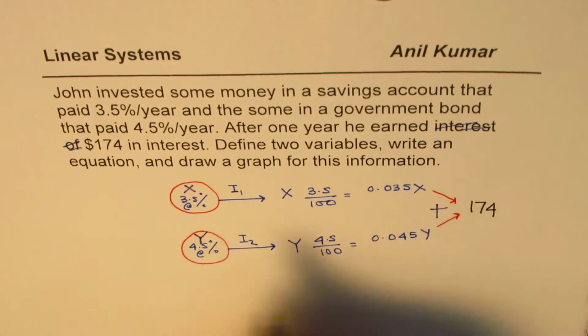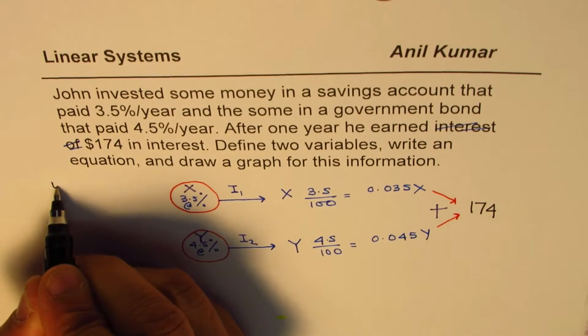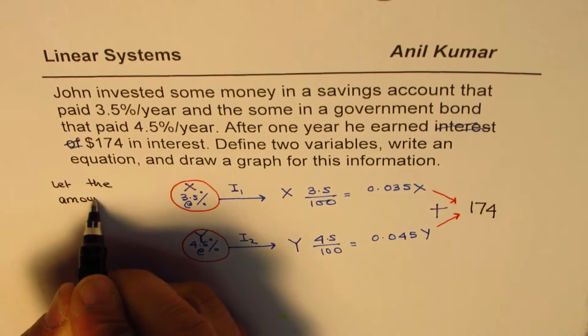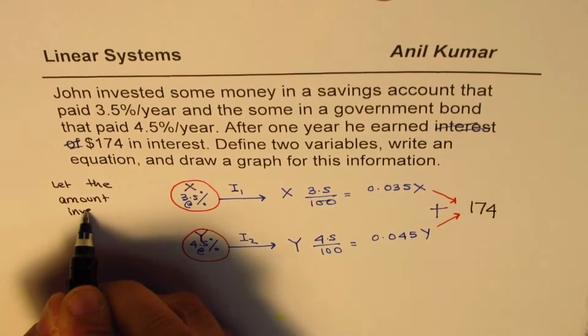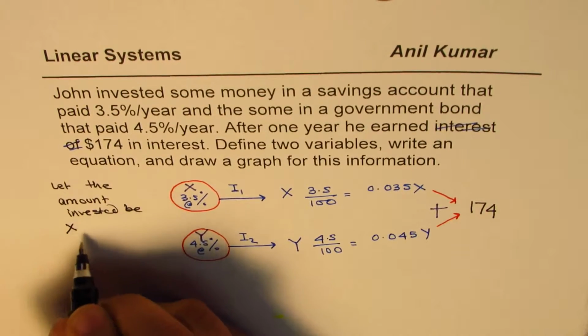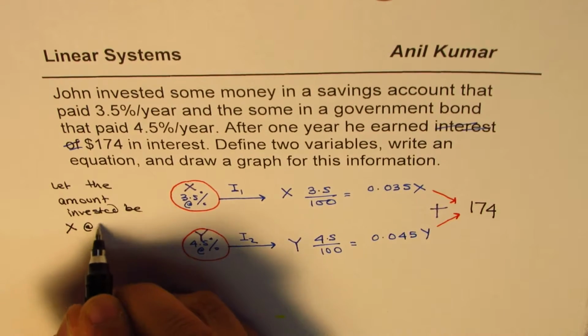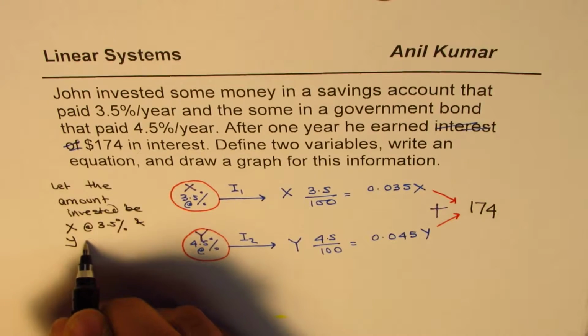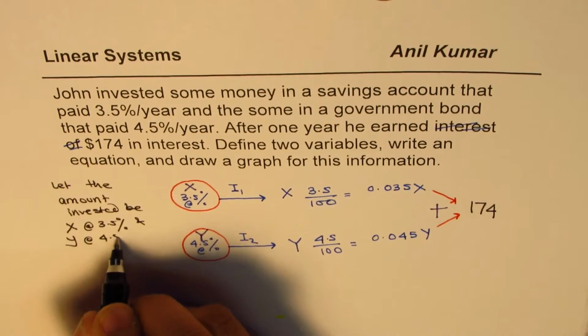So our variables here are, let the amount invested be X at 3.5% and Y at 4.5%.